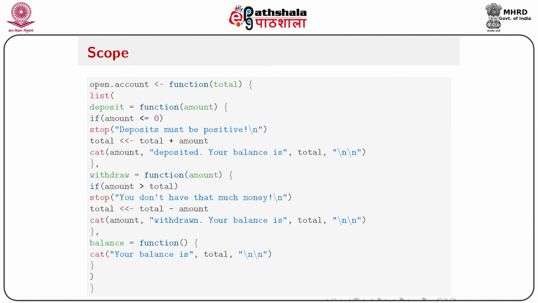And then display the amount with cat. Then for the withdraw function, if amount is greater than total, you don't have sufficient balance or you don't have that much money, and total is total minus amount, and now display the amount. Then for the balance function, cat balance equals the total that you have.